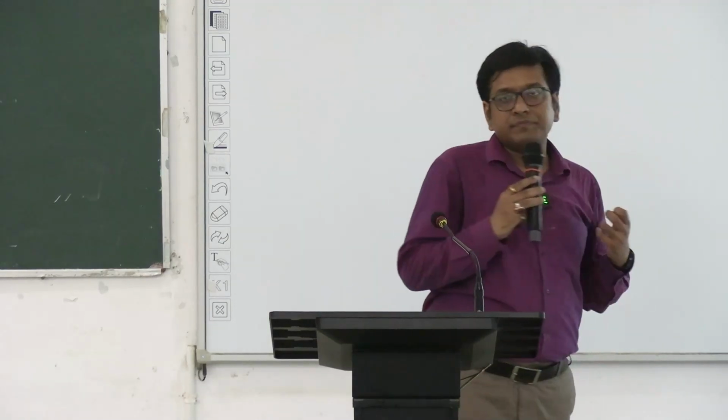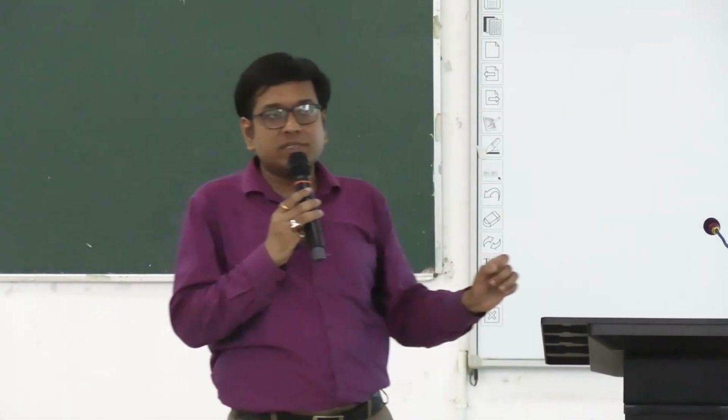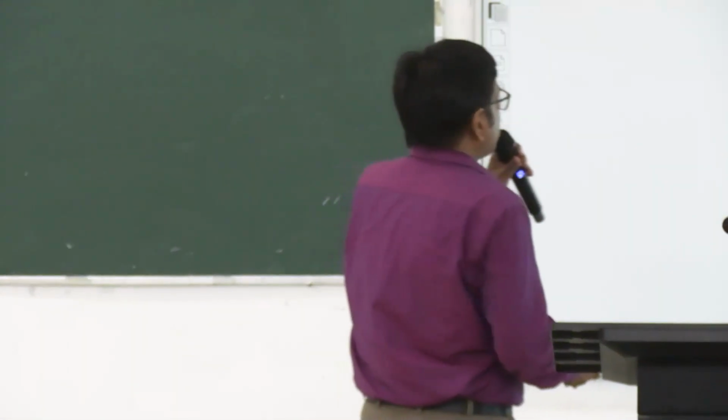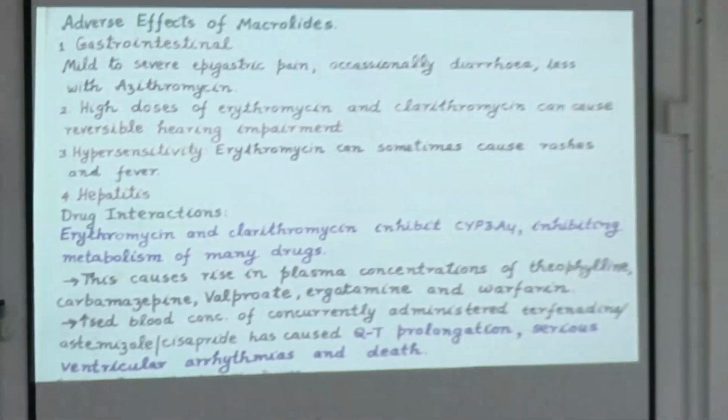Then there can be some allergy, hypersensitivity, okay, and some important drug interactions: they raise the levels of some drugs like theophylline, carbamazepine, valproate and warfarin to toxic levels. And co-prescription of macrolides with drugs that have important cardiac side effects can lead to death because of cardiac complications, particularly one type of rhythmic disorder called QT prolongation. Okay, so these are the adverse effects. Writing just this much, instead of random things, is plenty.